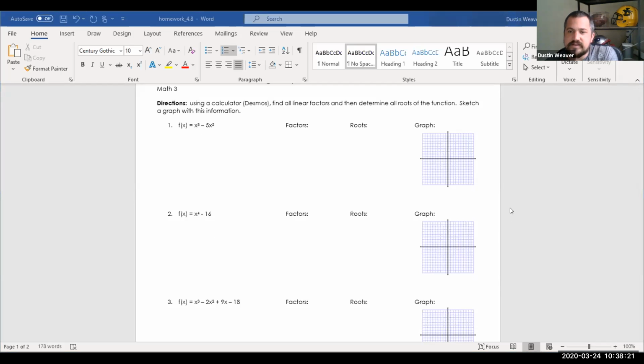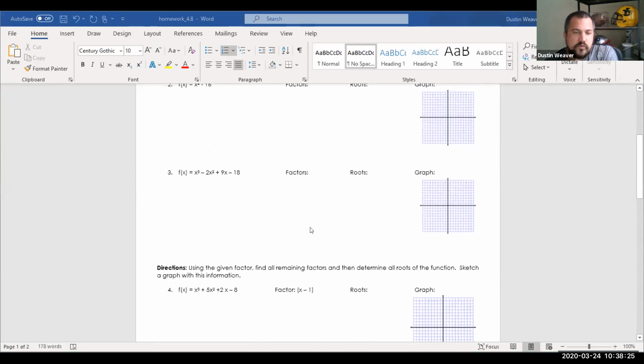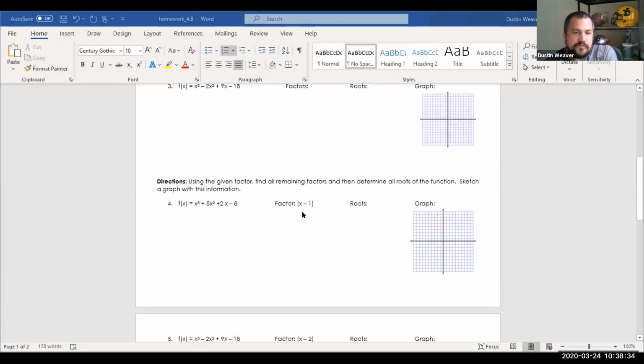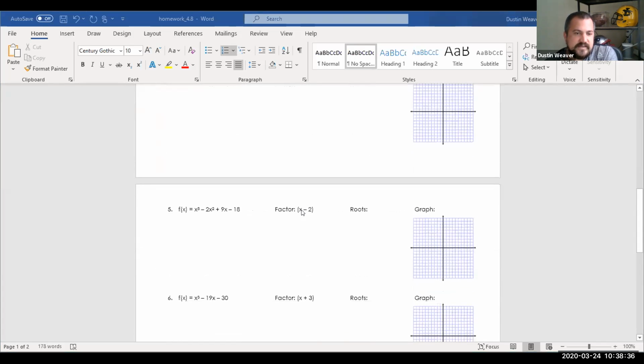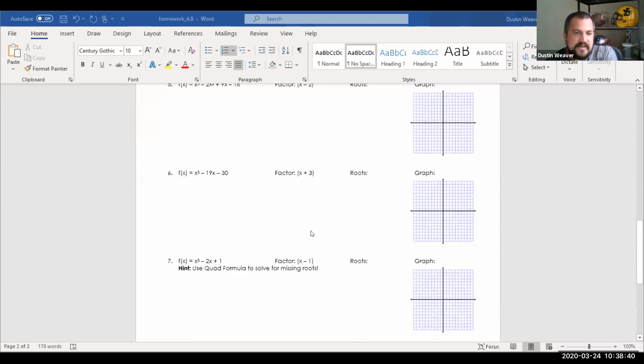I'll go back in example B in just a second. In number 3, this is your factoring by grouping. So you want to circle those and circle those. Okay. Number 4 is what we just did. And I think that's it.